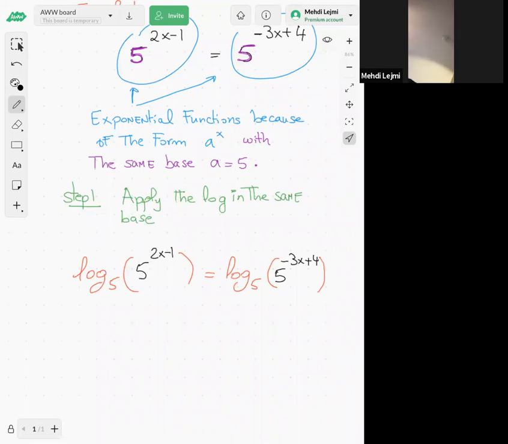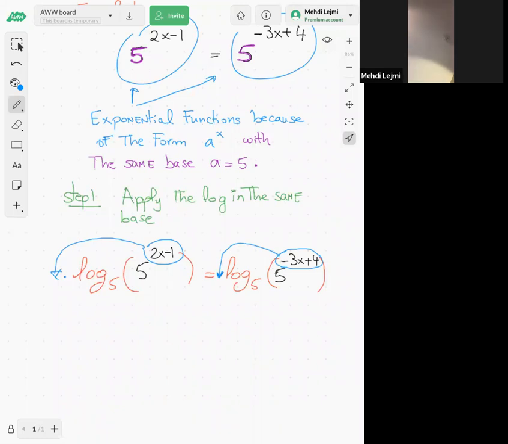Because when you apply log to some number with an exponent, you can bring the power down in front of the log. The power 2x minus 1 you can bring down in front of the log, and the same for the power on the right side.